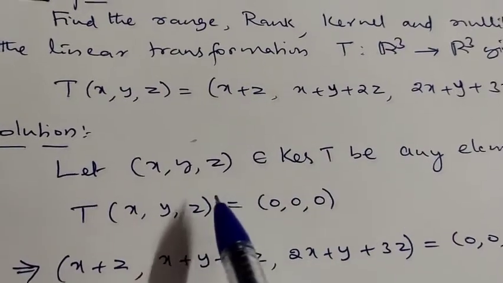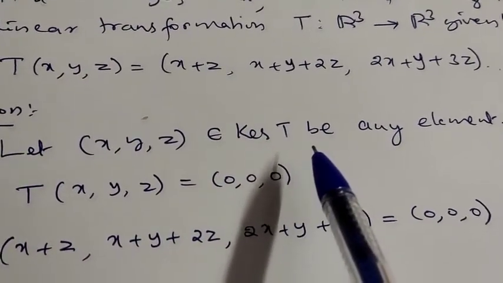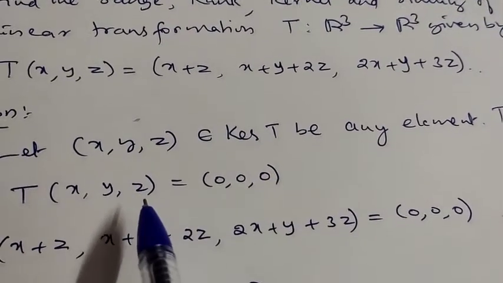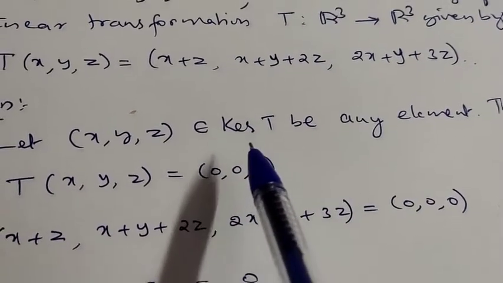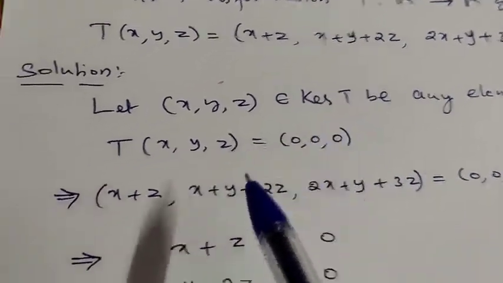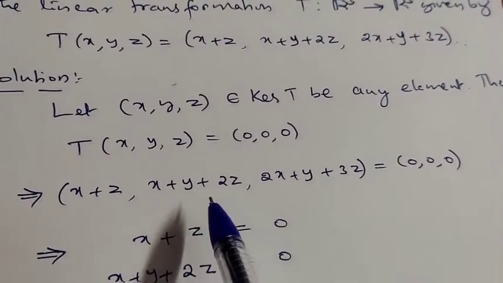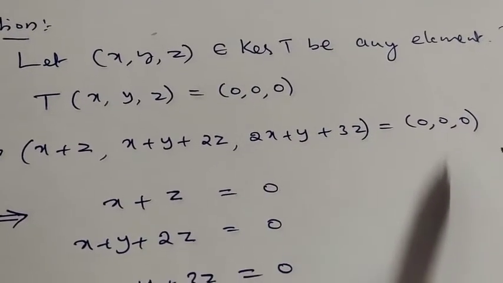For this, let (x, y, z) be any arbitrary element of the kernel of T. Then T of (x, y, z) is equal to 0 by the definition of the kernel of T. So (x plus z, x plus y plus 2z, 2x plus y plus 3z) equals 0.